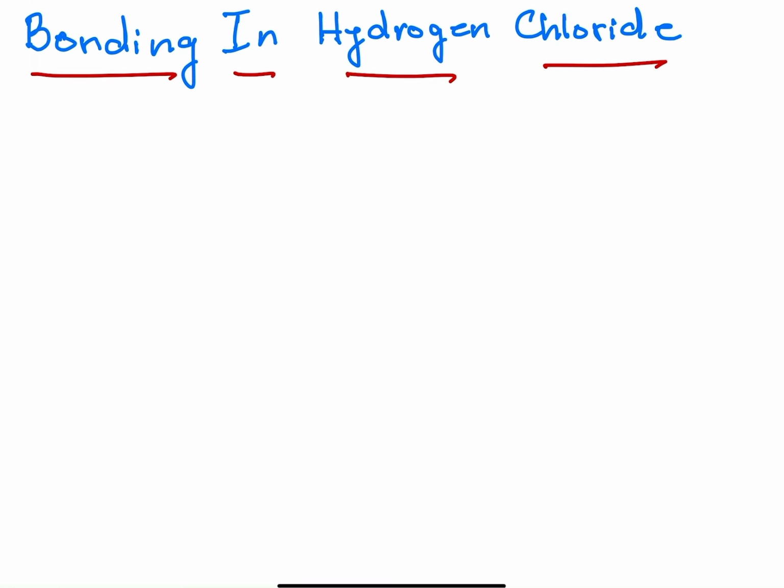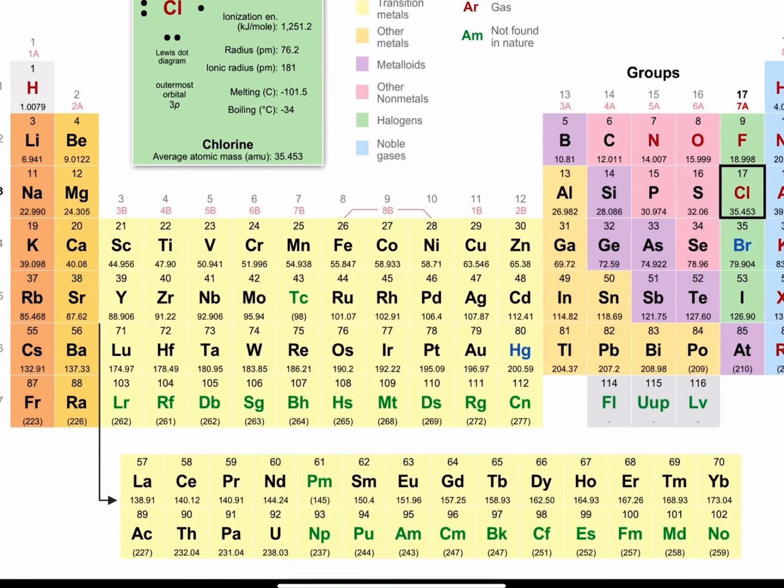Now it becomes easier to draw and understand the structure of hydrogen chloride and how the bonding takes place. Again, if we move down the periodic table, the atomic number of hydrogen is 1 and the atomic number of chlorine is 17.